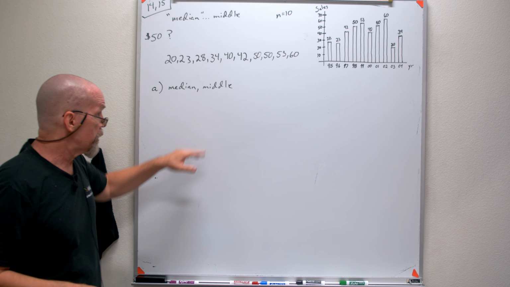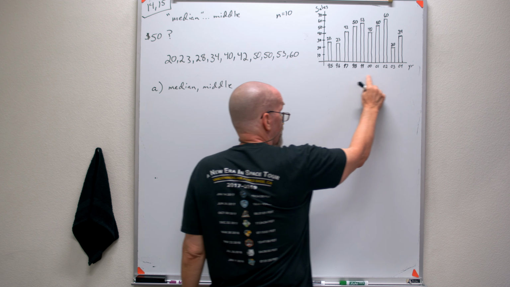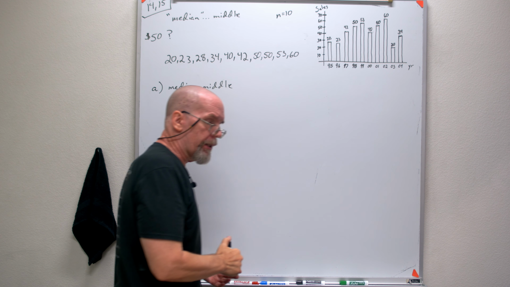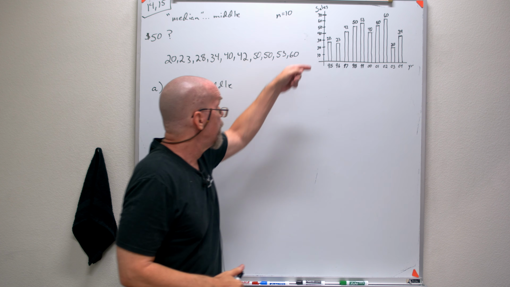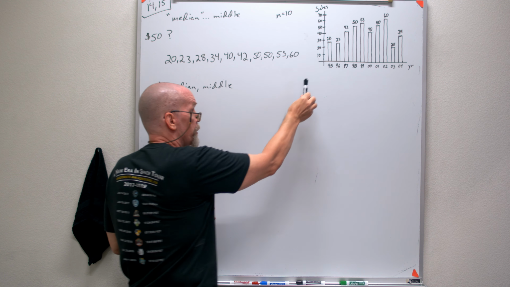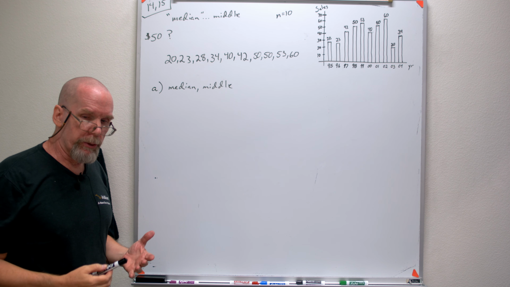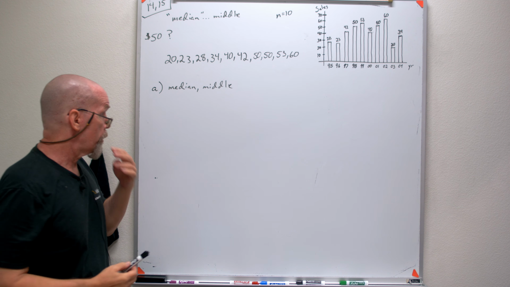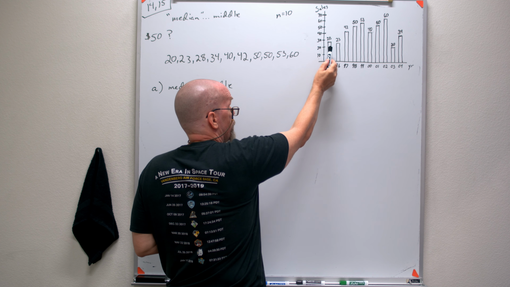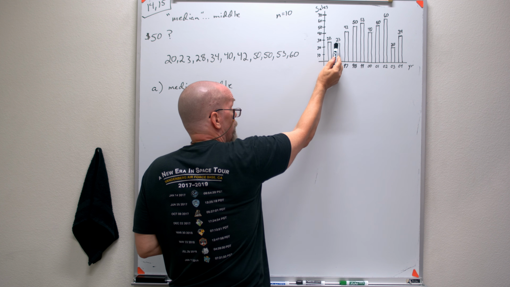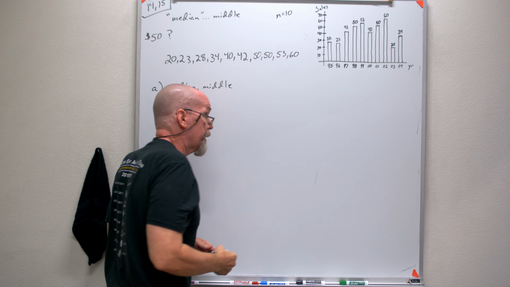So for the middle measurement, they don't mean middle this way. That's somewhere around here. We don't really care about that. We care about the middle this way. The millions of dollars are represented by the vertical axis, so we need to think vertical values and get the median of those. So I don't care about the 95, I care about the 28 that's associated with the 95. I care about the 23 that's associated with the 96.